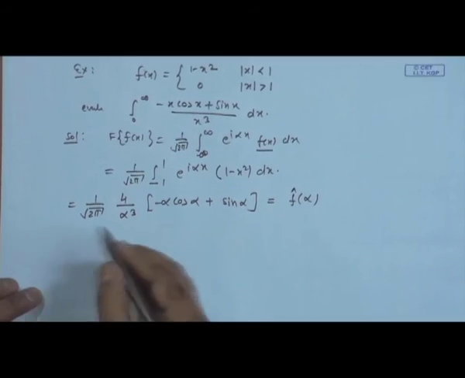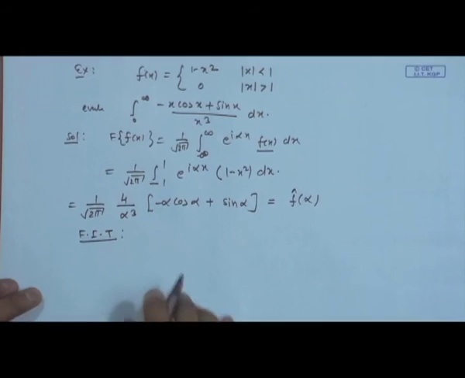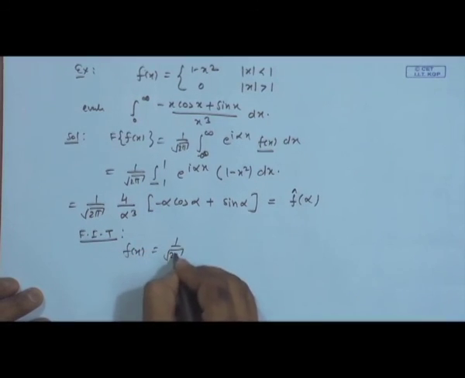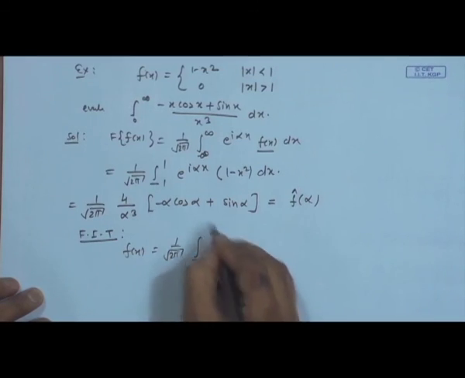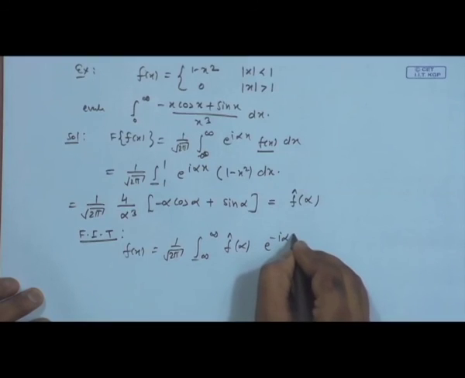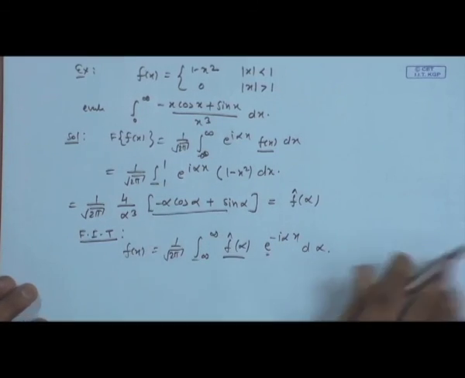And we know again from the Fourier inverse transform, that f(x) is 1 over square root 2 pi minus infinity to plus infinity, and this function e minus I alpha x d alpha. So we substitute here and again take the real part.